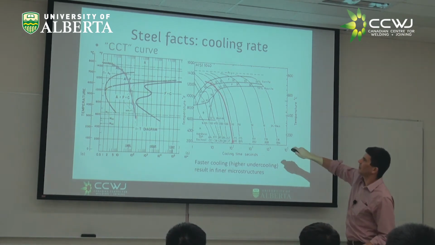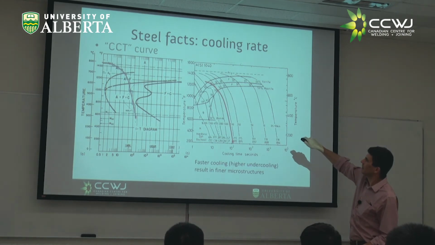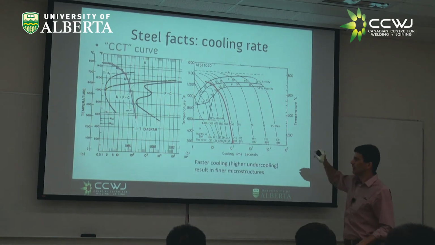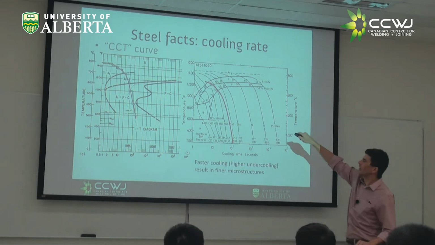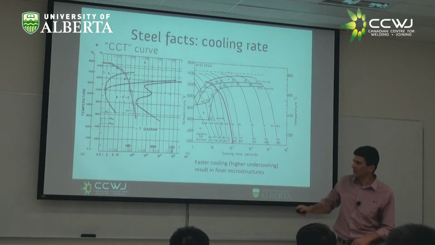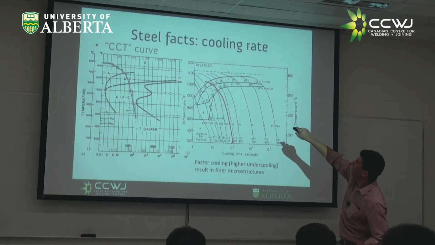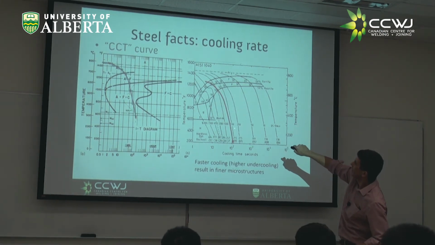What we see here is what phases we're going to have. But in the case of the CCT diagram, you read it by following the lines as they cool.